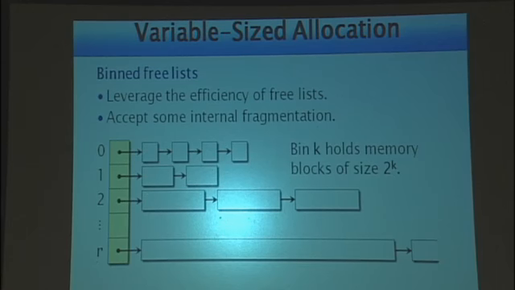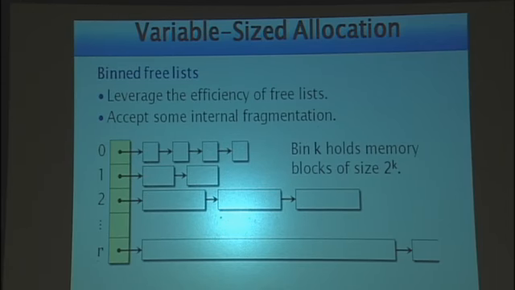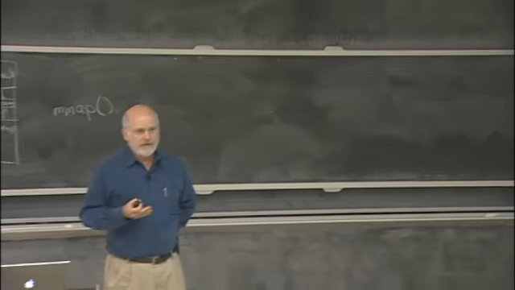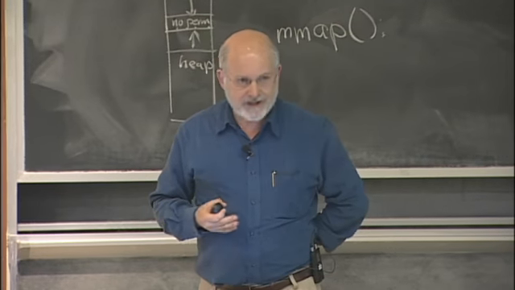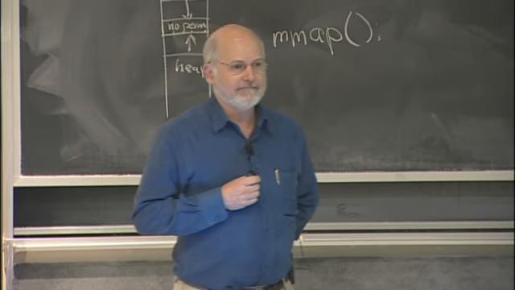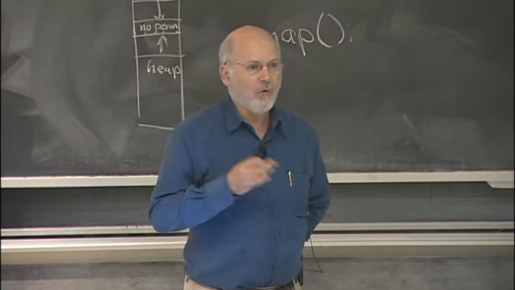Okay? And what we're going to do is accept some internal fragmentation. So by internal fragmentation, I mean the following. When somebody asks for something of a given size, what we're going to do is actually give them something which is a little bit bigger, maybe. Okay? And so we'll waste some.